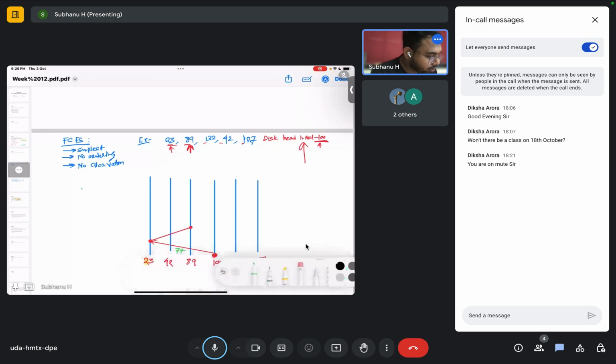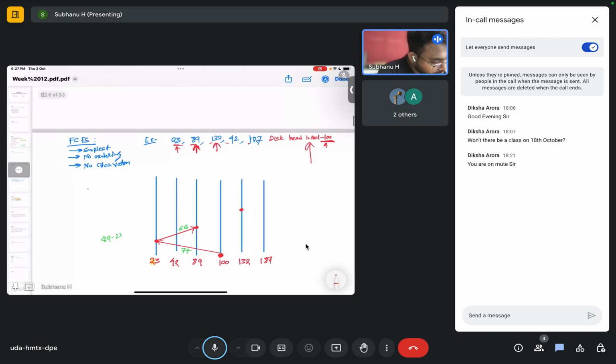Now from 89 you will be going to 132. The time you need is 43, because 132 minus 89 is equal to 43.